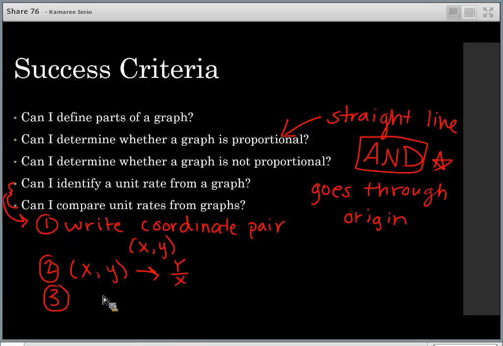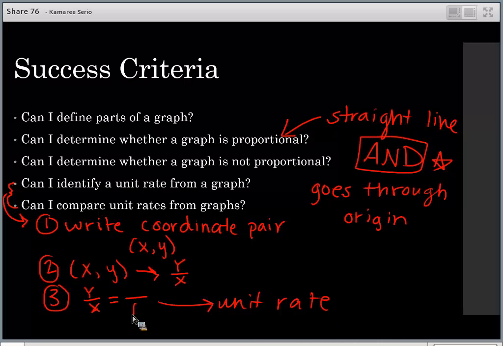Then the last thing you want to do is make sure that your y over x is equal to some number over 1. Okay, so this right here, this is your unit rate. So you need to make sure that you have a 1 in your denominator over here, and then you have some number up top. So coordinate pair, y over x, and then unit rate.